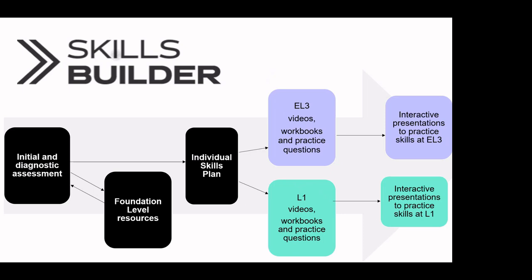Each learner will get their individual skills plan, which draws down the appropriate resources and practice questions according to learners' needs. There are workbooks within Skills Builder, which also include interactive PDFs and videos that are mapped to the subject content for the National Digital Skills Qualifications.